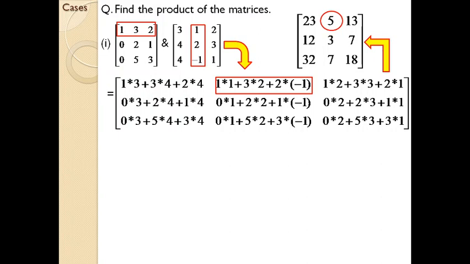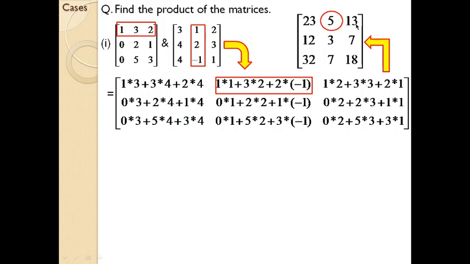I hope you are getting the concept. Here first we multiply first row with the first column. So when you multiply first row with the second column, you will get the second number. Likewise, if you multiply first row with the third column, you will get the third number. See, in each case the row was the first one.